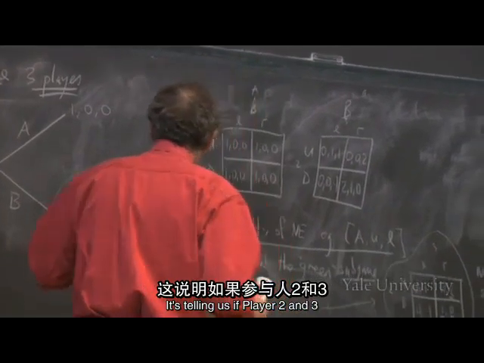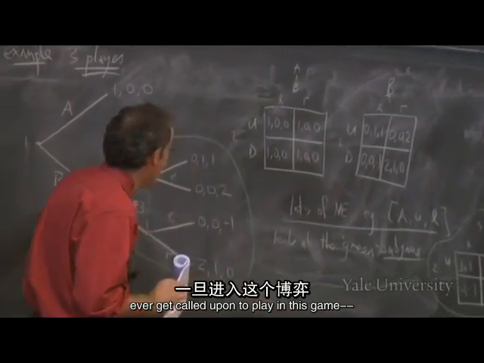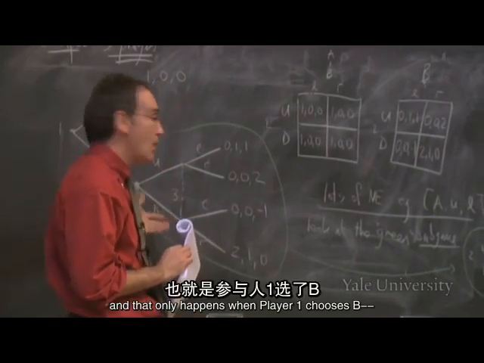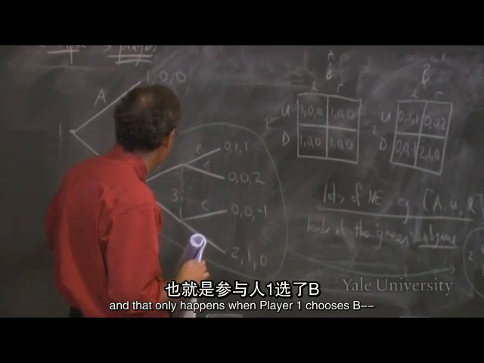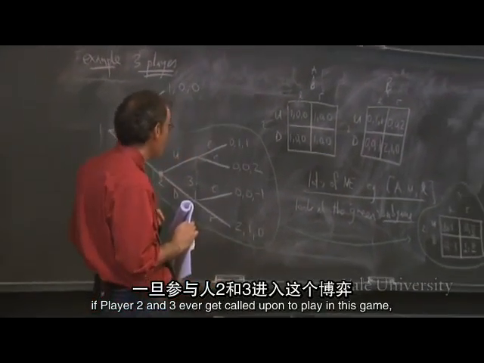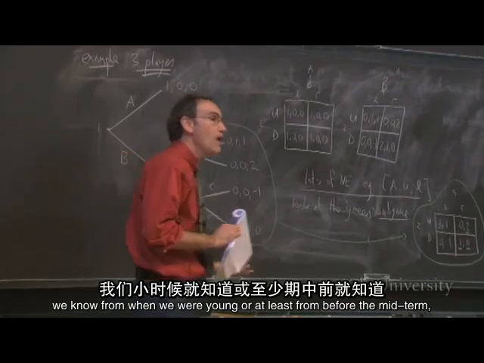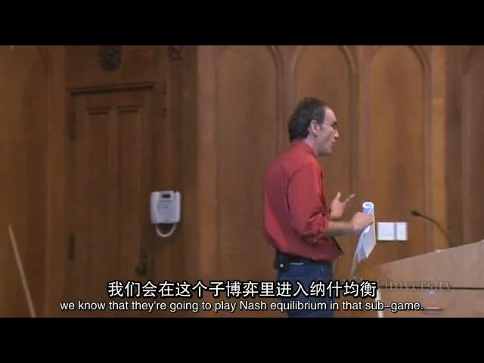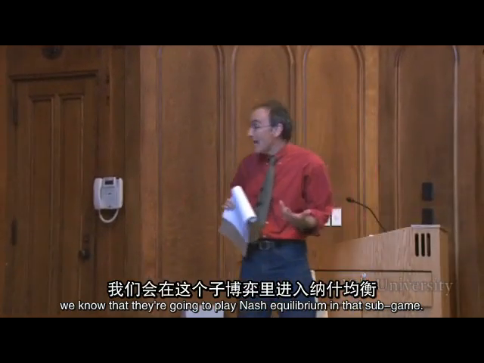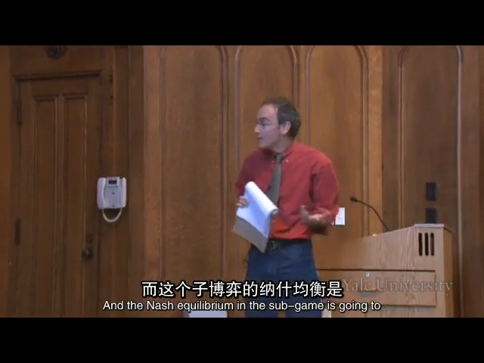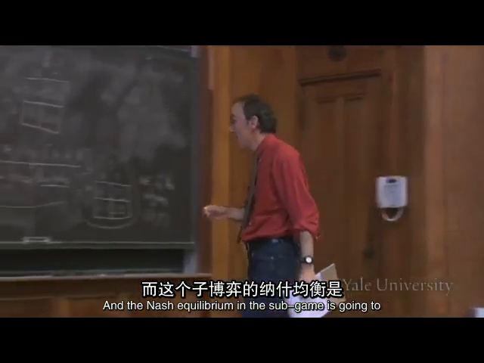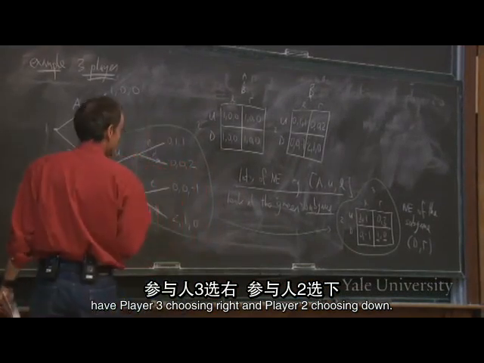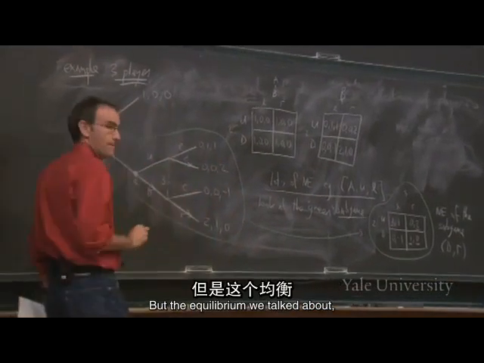It's telling us if player 2 and 3 ever get called upon to play in this game, and that only happens when player 1 chooses B, we know from when we were young, or at least from before the midterm, that they're going to play Nash equilibrium in that subgame, and the Nash equilibrium in the subgame is going to have player 3 choosing right and player 2 choosing down.